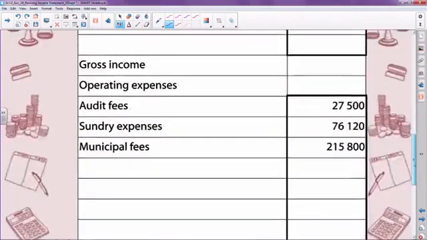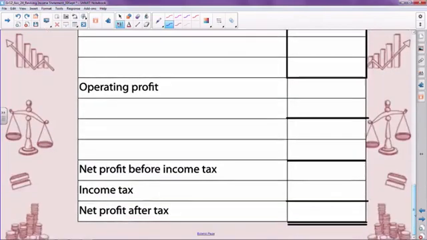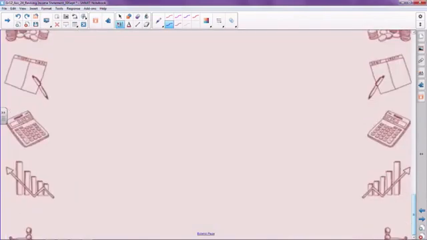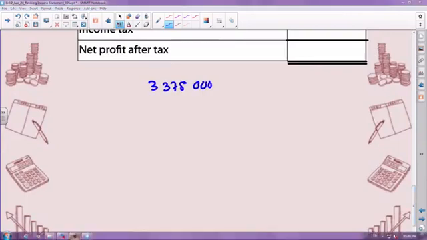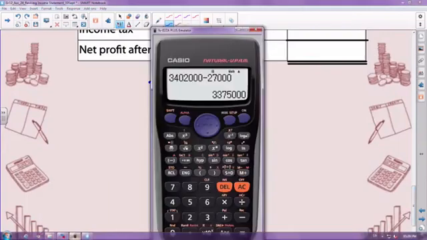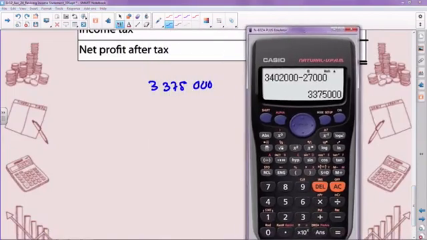Let's extend our page so we've got place for our calculations. So we've got 3,375,000. Let's just verify that figure before we continue.